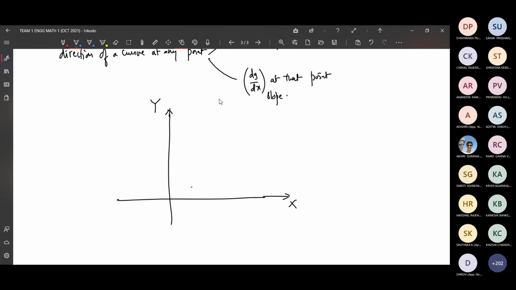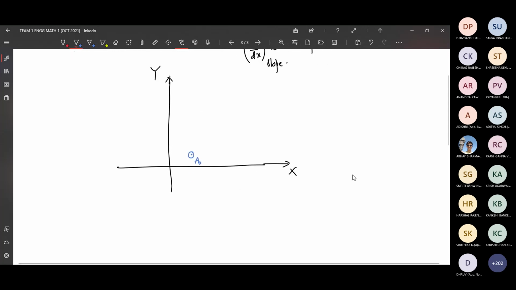Let's take a point A0 in the first quadrant of the domain, and I will denote this A0 as some point x0, y0 in the 2-dimensional plane, any point in the xy plane, of course.